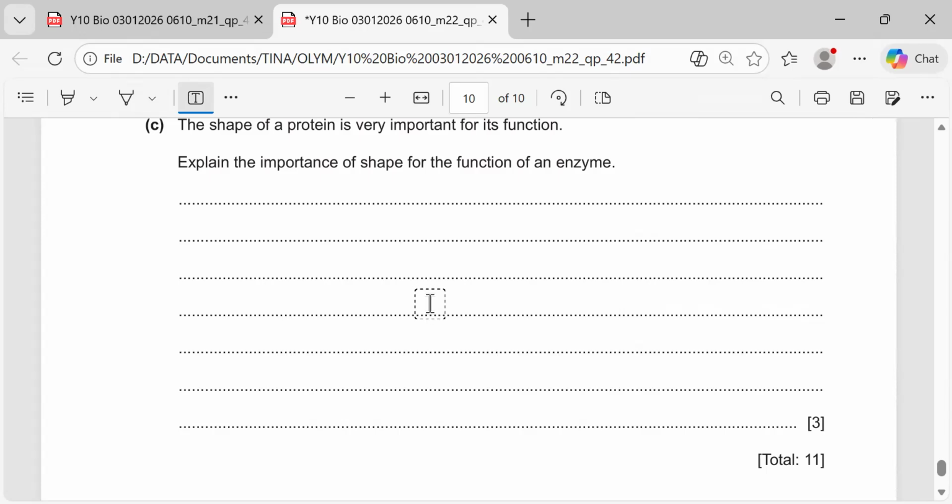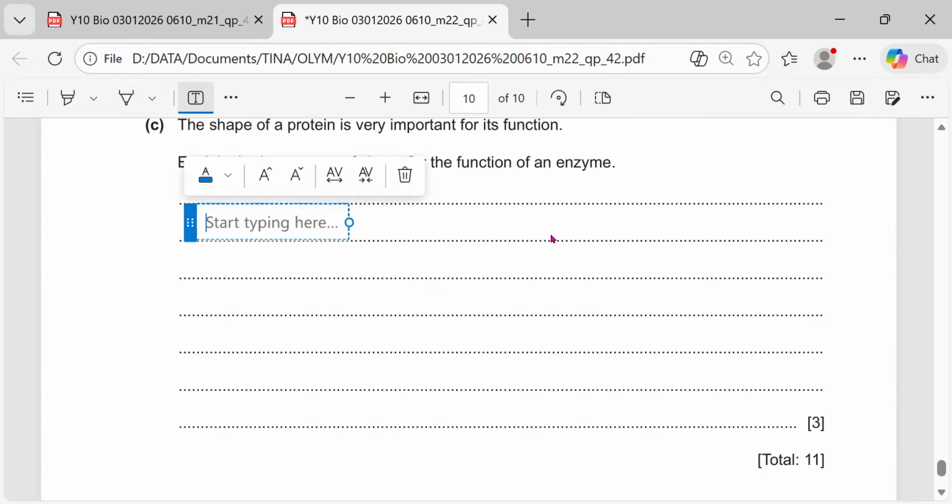The shape of the protein is a very important function. Explain the importance of the shape to the function of the enzyme. Okay, so the enzyme has a specific shape to form the active site. That's the first mark.